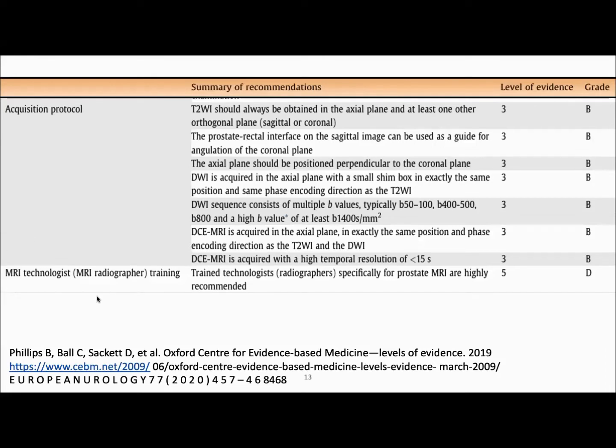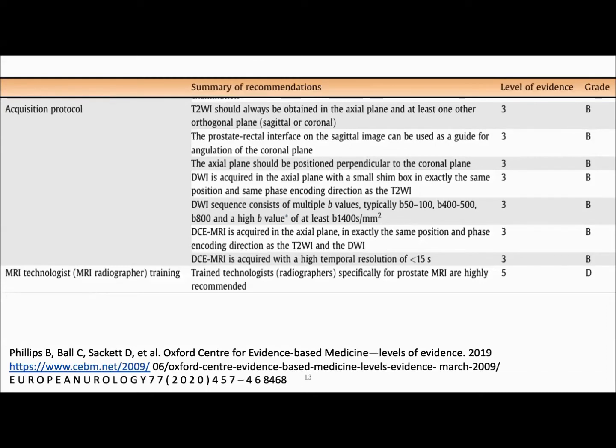Then moving on to dynamic contrast enhanced MRI, this acquisition is done in axial plane and it is in the same position and phase encoding direction as that of T2 and DWI sequences. And this is acquired before, during, and after injection of gadolinium contrast at a temporal resolution of less than 15 seconds for at least 2 minutes.